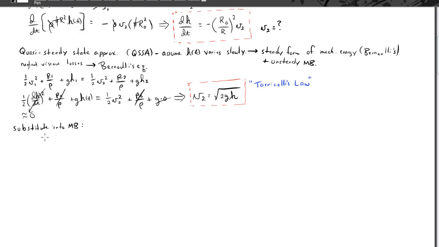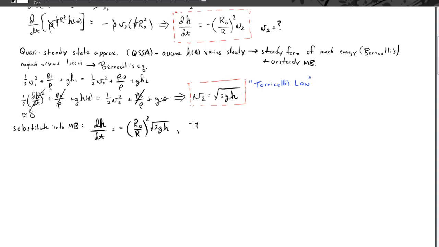So when we do that, we now find that dh/dt is equal to minus r0 divided by R, quantity squared, times the square root of 2gh.